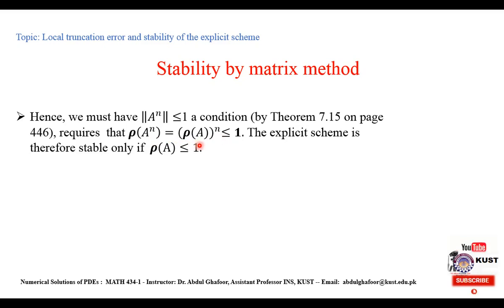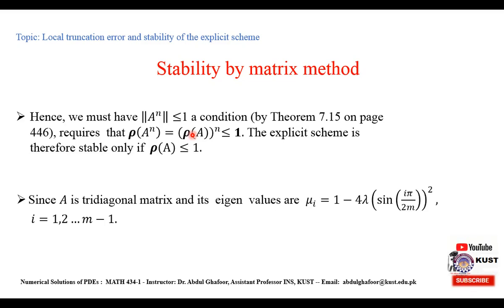Now this explicit scheme will therefore be stable only if the spectral radius of A is less than or equal to 1, because if the spectral radius of A itself is less than 1, then its power will also be less than 1. So the explicit scheme is stable only if the spectral radius of A is less than or equal to 1, where the spectral radius of A represents the maximum absolute eigenvalue of the matrix A.